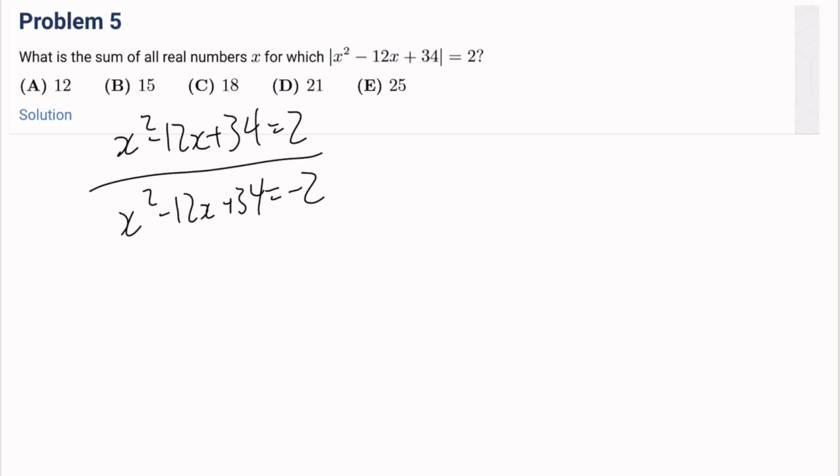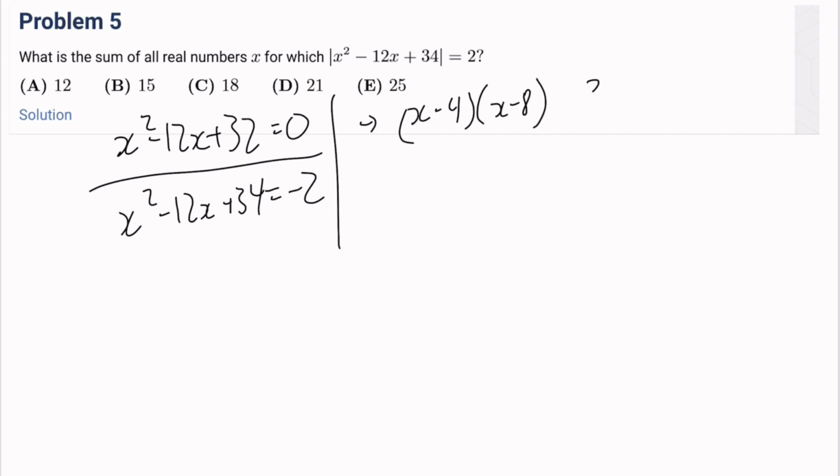So if the first one is true, then that just gives us that x squared minus 12x plus 32 equals 0, and so this will give us x minus 4 and x minus 8, right?